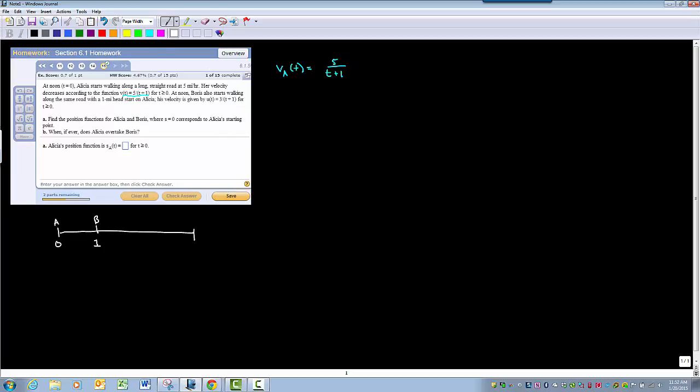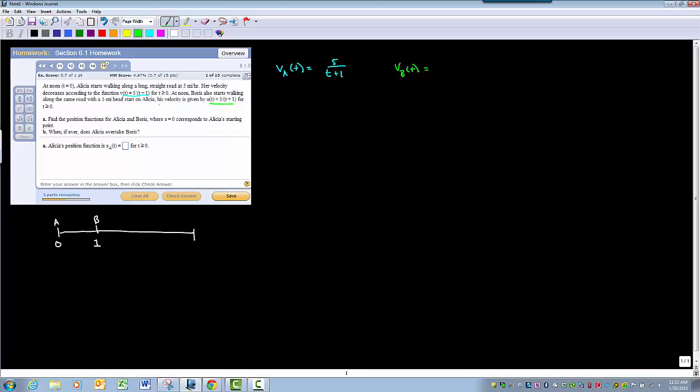Okay, so his velocity function is the same. It's going to be his position function that's going to be different. So his velocity function, v of Boris, velocity of Boris as a function of time, is given by this new function, 3 over t plus 1. Now you might say, why don't they use v of t like I did here?